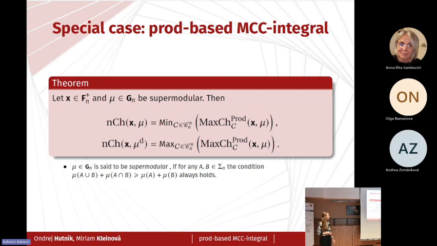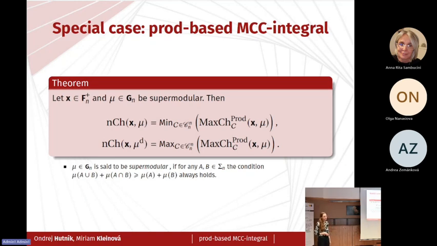As I mentioned a minute ago, the product-based Choquet-like integrals are maybe a little bit more interesting because there is some relationship to the Choquet integral. We can say that if the game is supermodular, then the smallest among the MCC integrals is the Choquet integral.